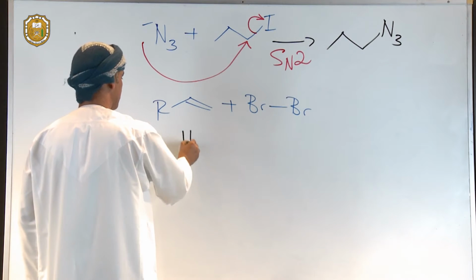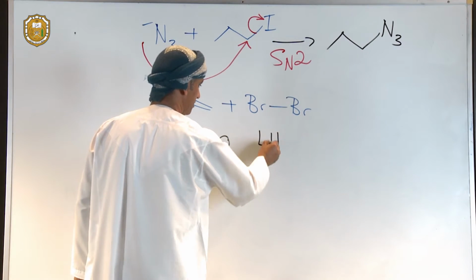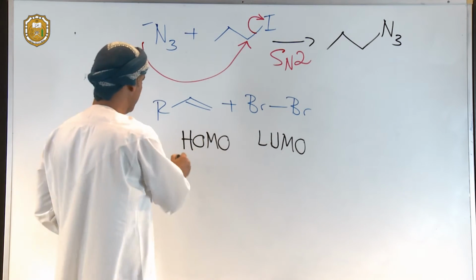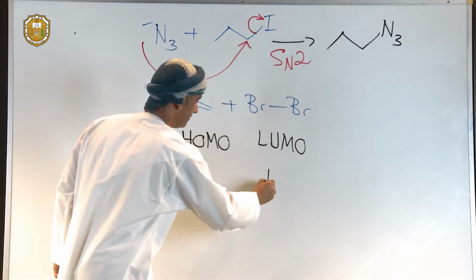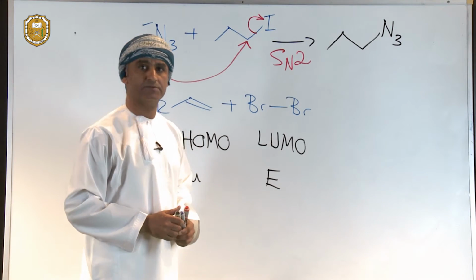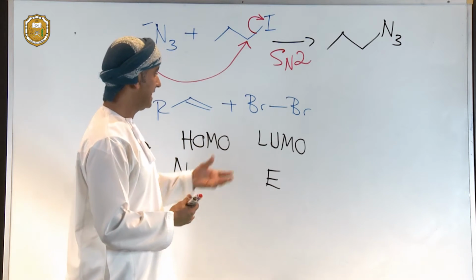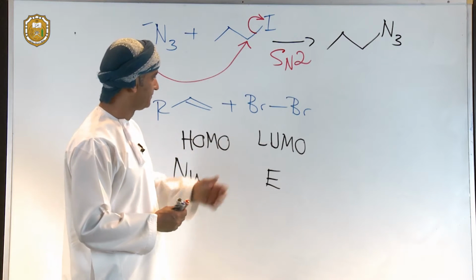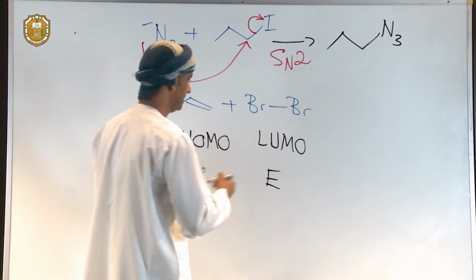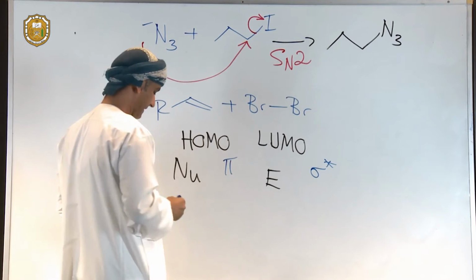It is the HOMO from the alkene that reacts with the LUMO in the Br-Br bond, the HOMO in the nucleophile with the LUMO in the electrophile. The HOMO is the highest occupied molecular orbital, a full orbital that overlaps with an empty Br-Br anti-bonding orbital, a sigma star orbital. It is a full pi orbital.